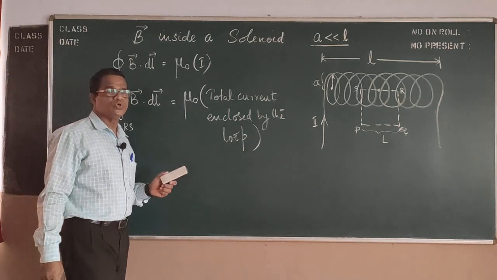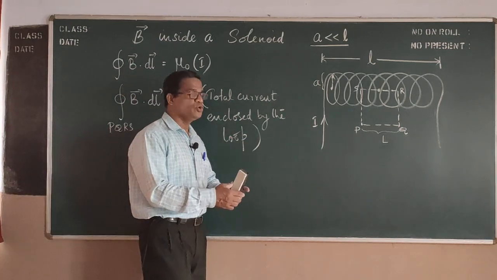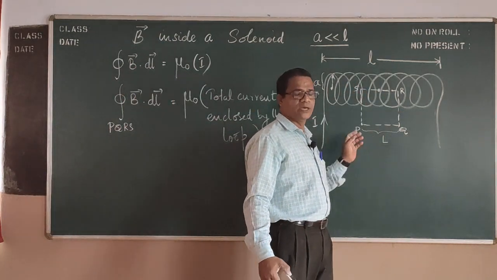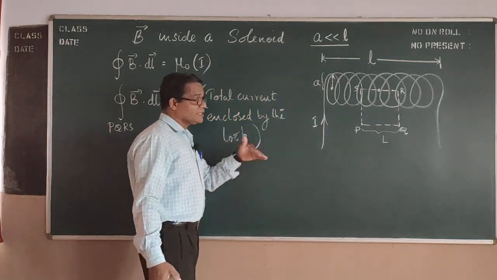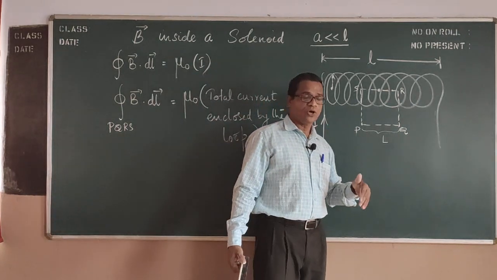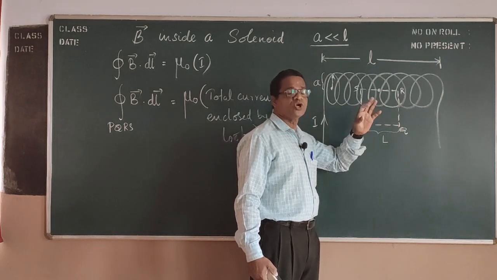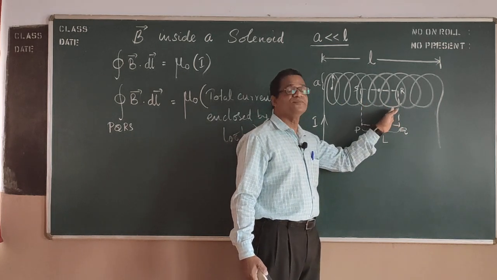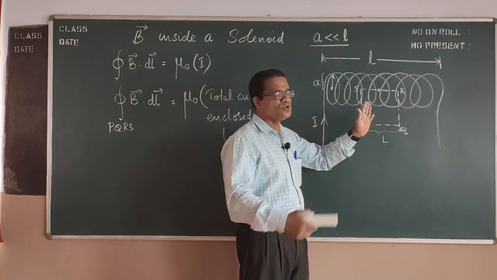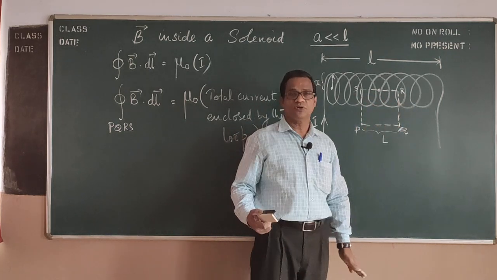The loop is PQRS, this one. When I say total current, it is because there will be more number of turns inside. It's not a single turn. There are more number of turns carrying current. Therefore, you have to take the whole current for the calculation.